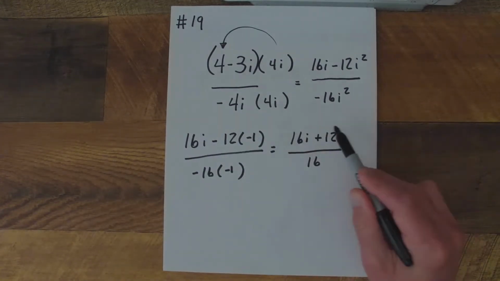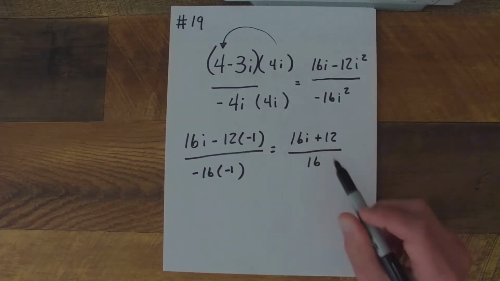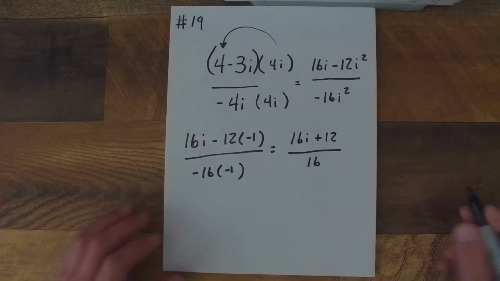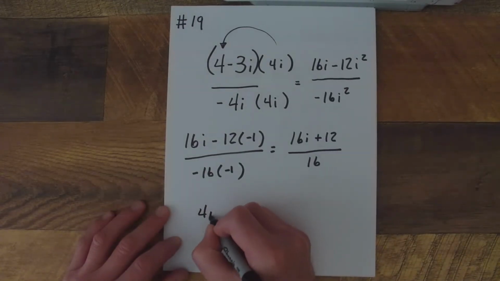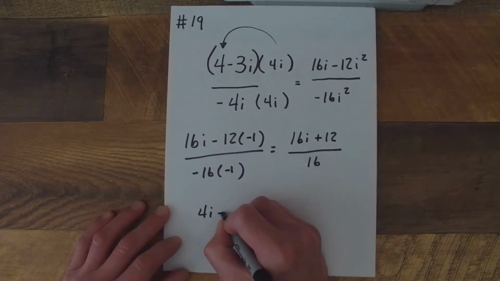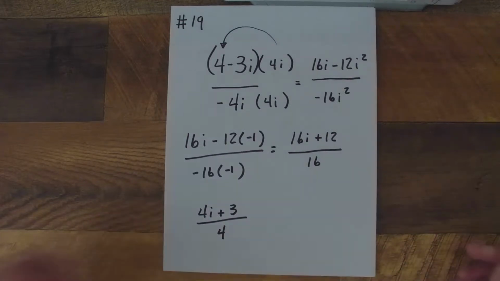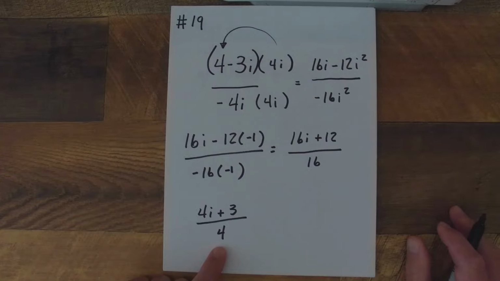Now that we've gotten to this point here, let's see if all of these numbers have a number in common, a number that goes into them all. And they do. They're all divisible by 4. So I want to divide all of these numbers by 4. Now, this right here is an acceptable answer, but sometimes they may want you to simplify even further, which I believe this problem does.